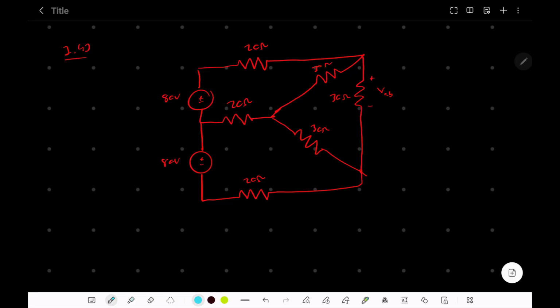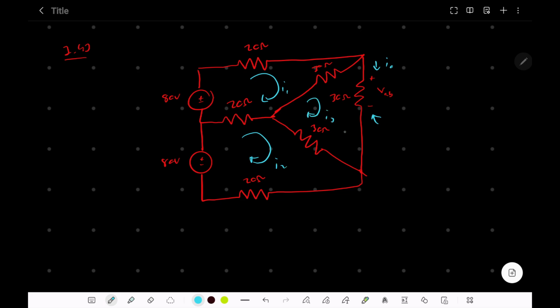Alright, so now this is the next question that we're going to be looking at. We want to find the current IO and the voltage drop across this 30 ohm resistor right here. So the first step in mesh analysis, like always, is to draw our meshes. So you've got I1, that's the first mesh current, I2, and I3.